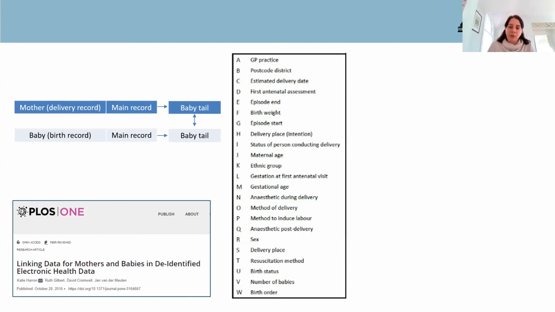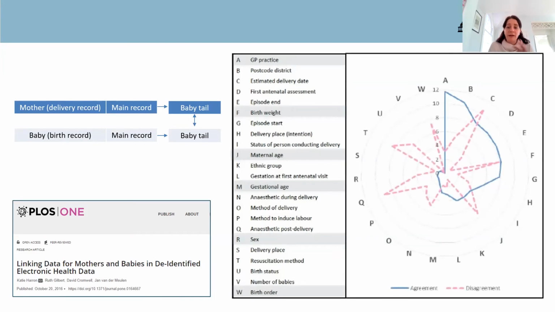So by using a combination of deterministic linkage as a first step and then probabilistic linkage, we can find links by looking at things like gestational age, hospital location, etc. So this plot shows the probabilistic match rates for agreeing or disagreeing on each of these variables. And you can see, for example, if we look at sex, which is R here, there's a small positive value in the blue for agreement.